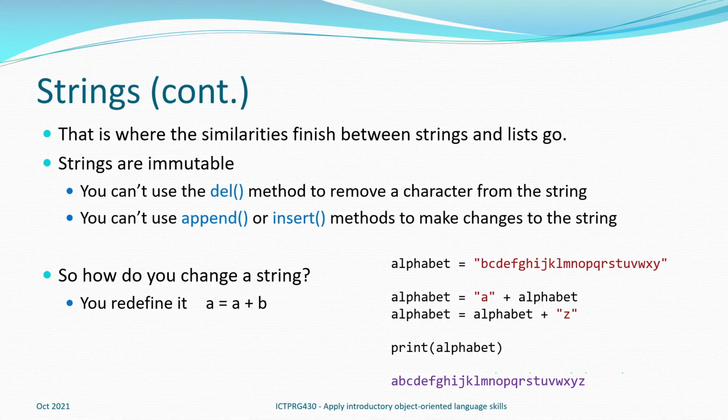What we have to do is redefine the original string with the modification that we want to make. So in the examples here, we've got alphabet, which is missing the A off the front. So we can redefine the alphabet to append A with the original alphabet, and then append Z to the end of it.